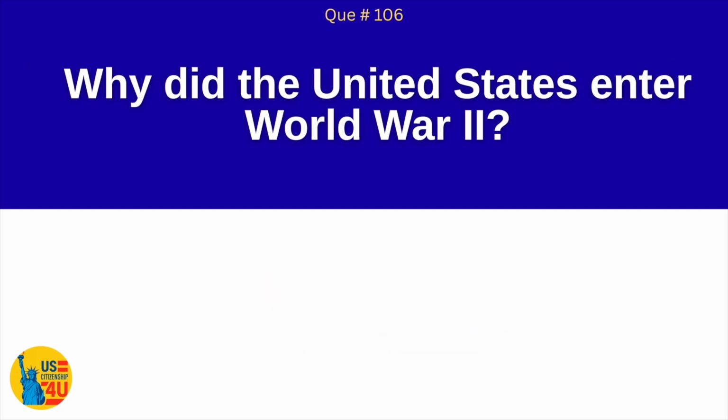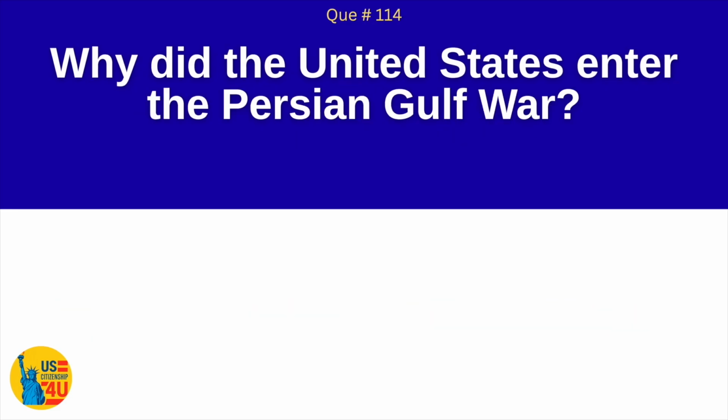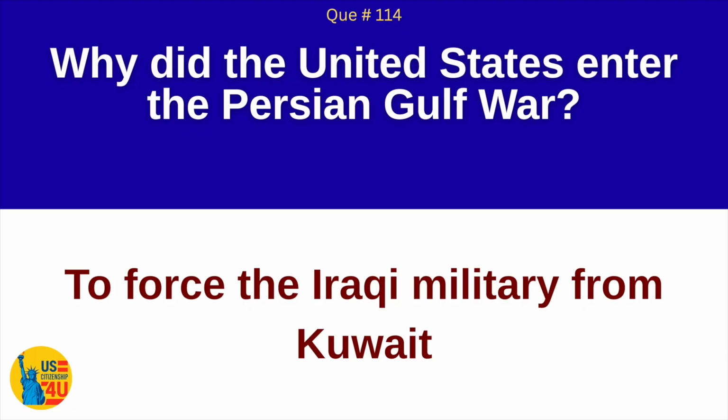Why did the United States enter World War II? Japanese attacked Pearl Harbor. Why did the United States enter the Persian Gulf War? To force the Iraqi military from Kuwait.